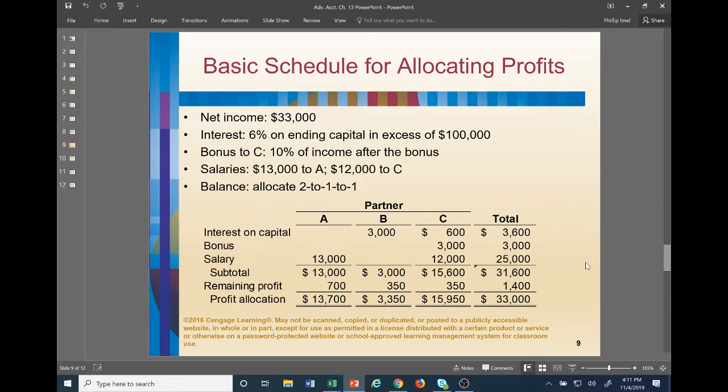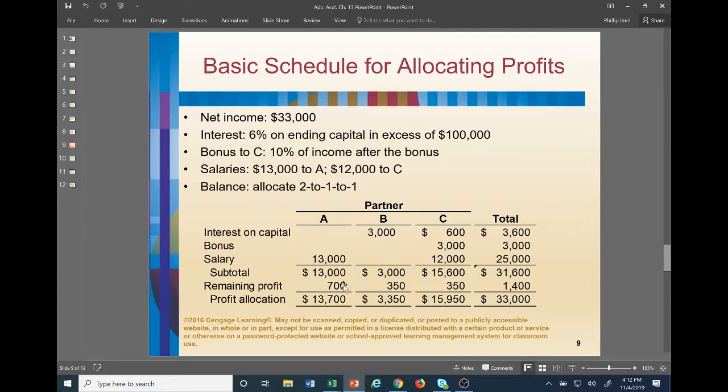And it's going to be allocated in a ratio of 2 to 1 to 1 to A, B, and C respectively. So we can see here the subtotal of 31.6, so we still have 1,400 left over. On the ratio of 2 to 1 to 1, based upon this 1,400, do the math and break it down.